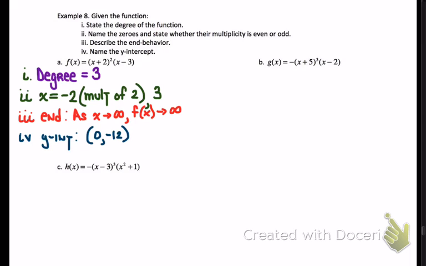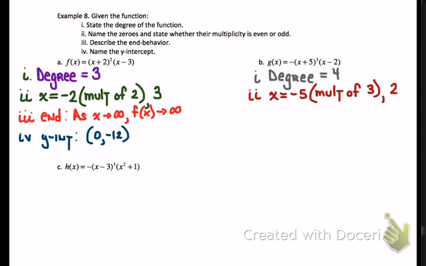Okay? Letter B. What's the degree of that? Well, you should be saying it's 4th degree. I know this is a triple root. I know this is a single root. So I know I have 4 of them. What are your zeros? -5, which has a multiplicity of 3, and +2, which you could put has a multiplicity of 1, but not necessary.